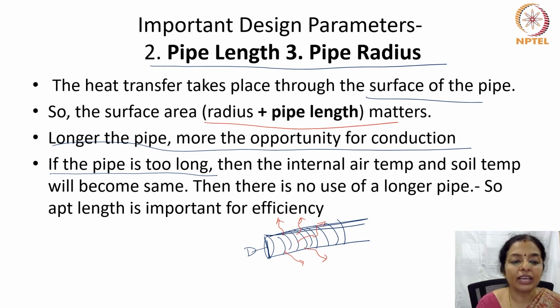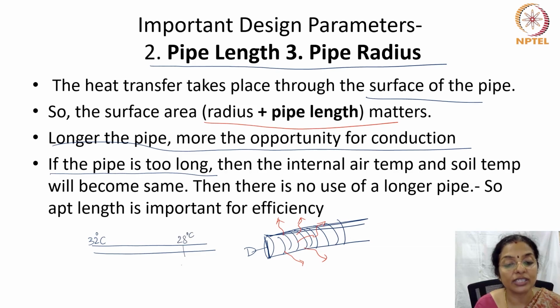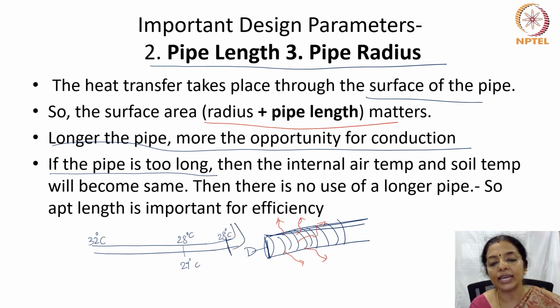So if you have an optimal pipe length, say the temperature of the air that comes in here is 32 degrees centigrade, and by the time it reaches here it is 28 degrees centigrade, because the soil temperature is about 27 degrees centigrade, then any further movement of the air is only going to minimally improve the air temperature.